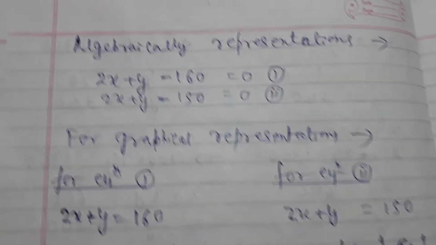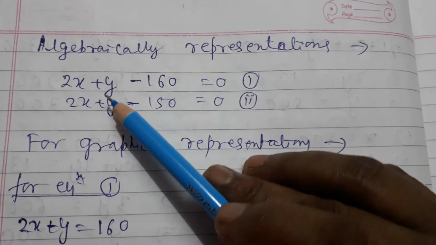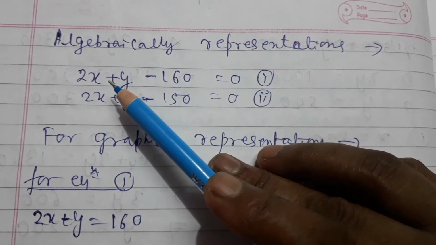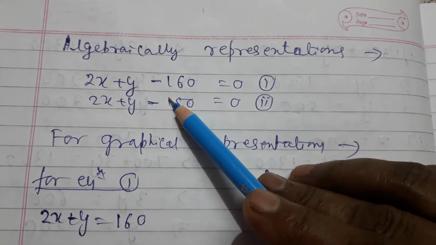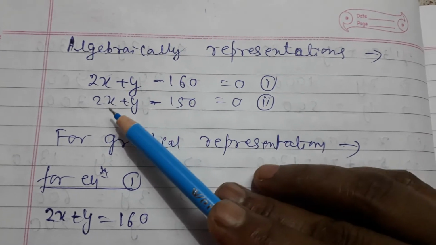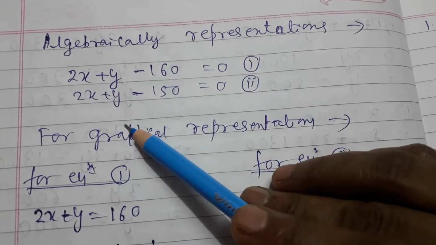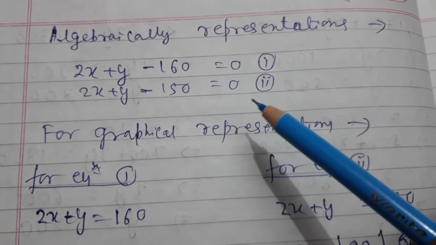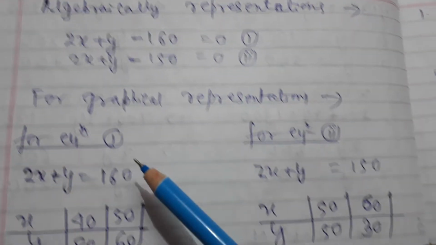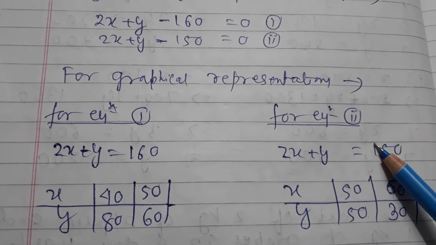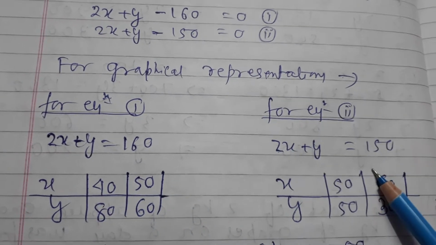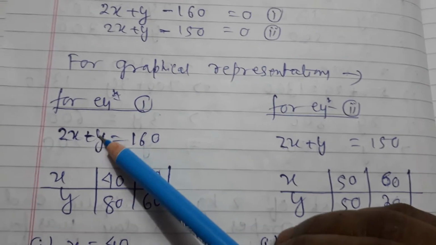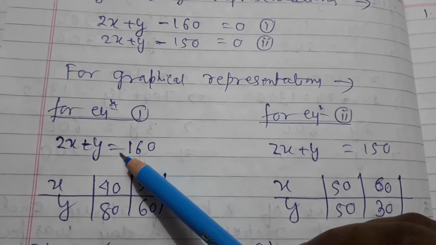Now the algebraic representations mean you write two equations here: 2x plus y minus 160 equals 0, and second, 2x plus y minus 150 equals 0. Now for graphical representation, you write equations 1 and 2, then make the table and put the value of x to get the value of y.